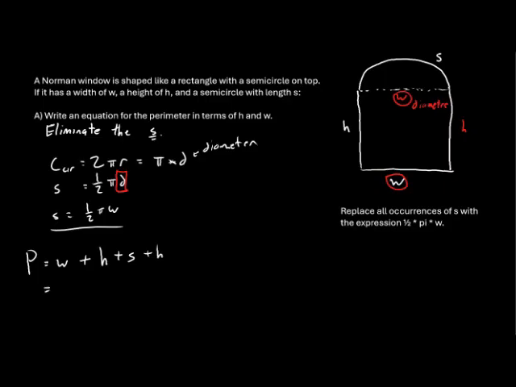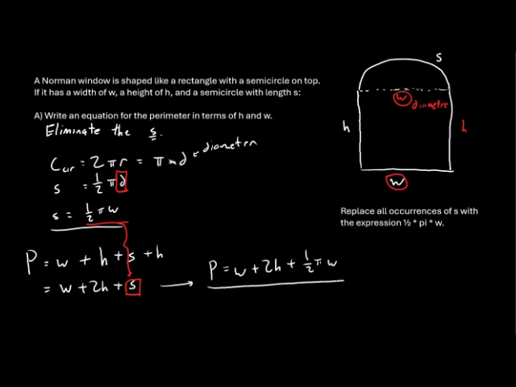If we combine these terms together, we'll get W plus 2H plus S. But now we can replace that occurrence of S with 1/2 pi w. Therefore, we can say perimeter is equal to W plus 2H plus 1/2 pi w. This will be our perimeter in terms of just W and H.